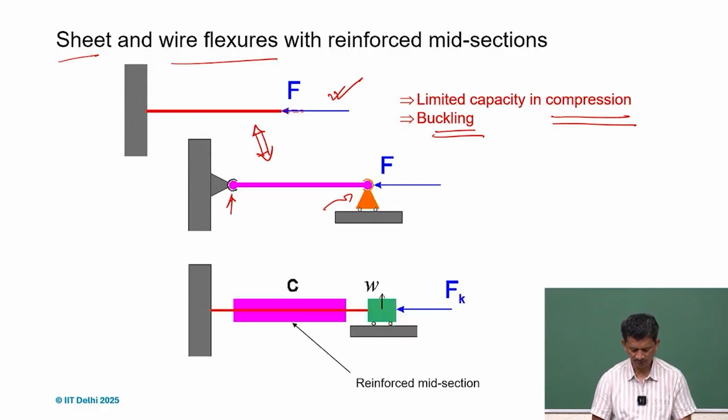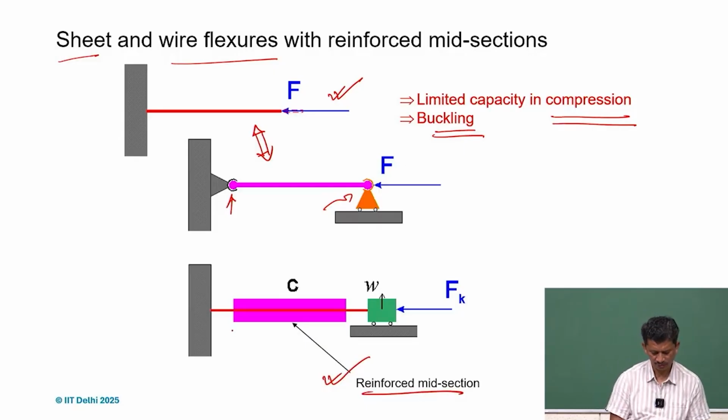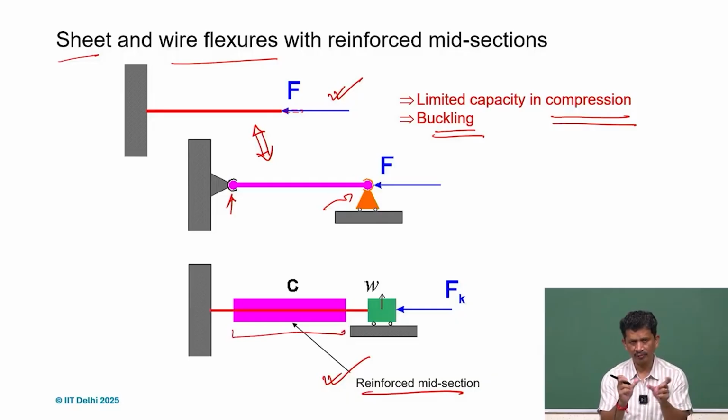So what has been proposed, and what people have done, is to reinforce the middle section, the maximum span. Reinforcing means we increase the cross section, so the rigidity will be improved, and so will the stiffness.